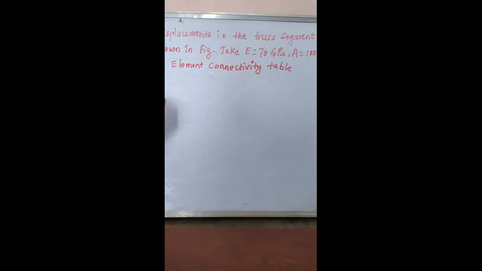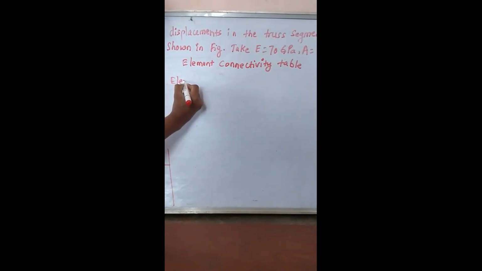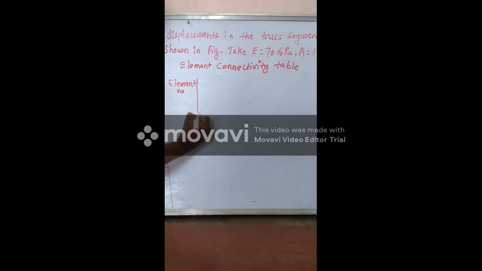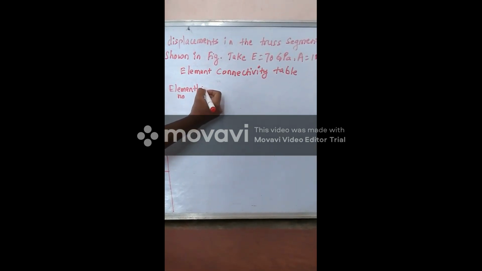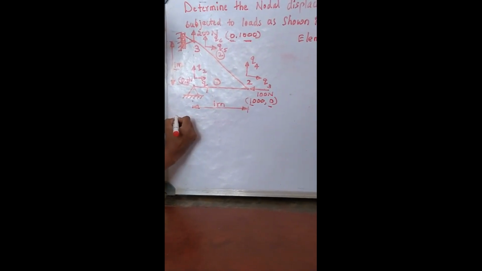So in this element connectivity table, we write like this. First is element number.